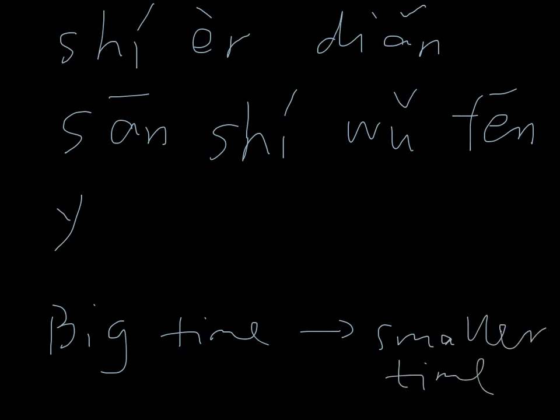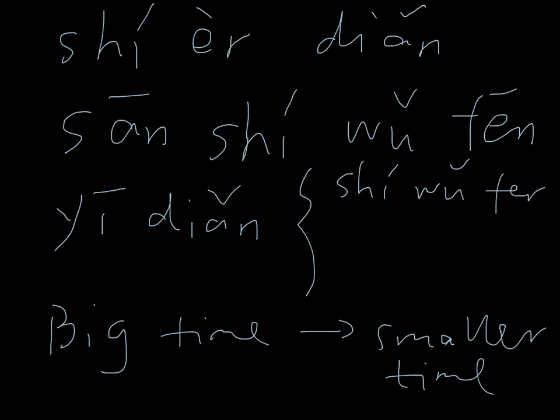So big time is 1点, 1 o'clock. So 15 minutes. You can either say 15分, 分 is minute, or you can say 一刻. So that is the basic way of saying it.